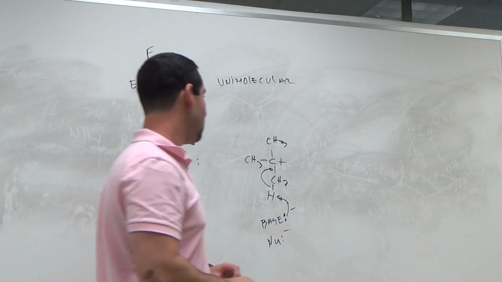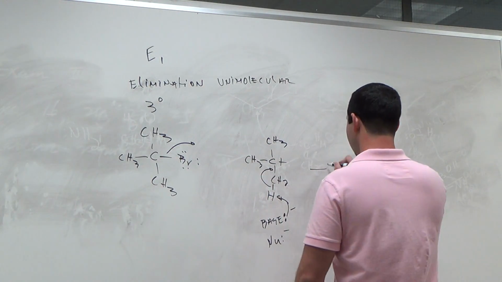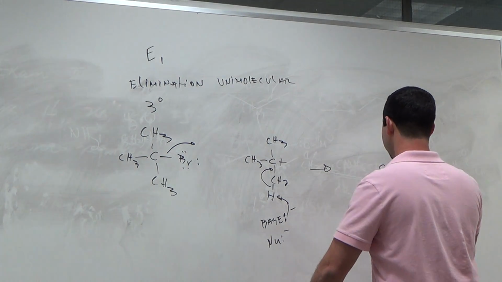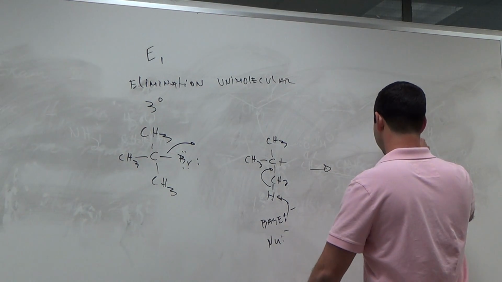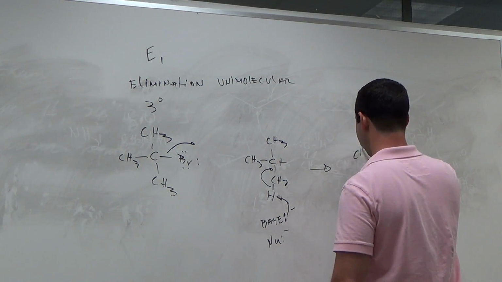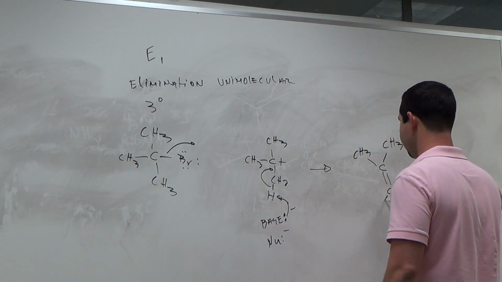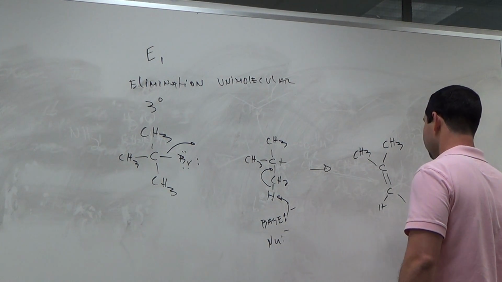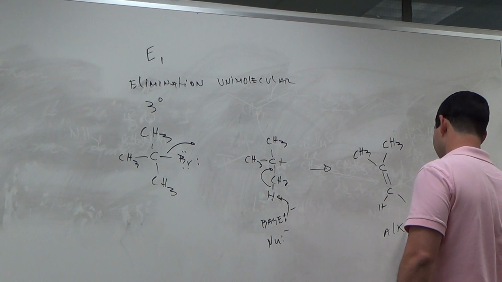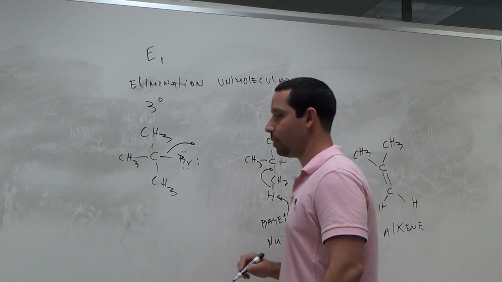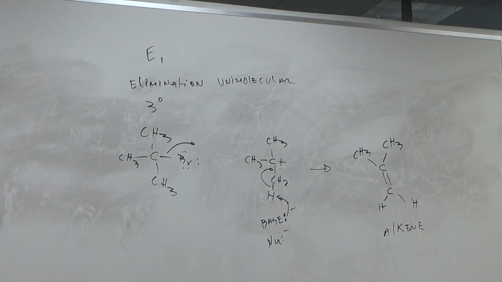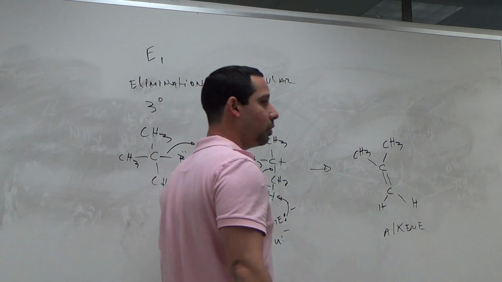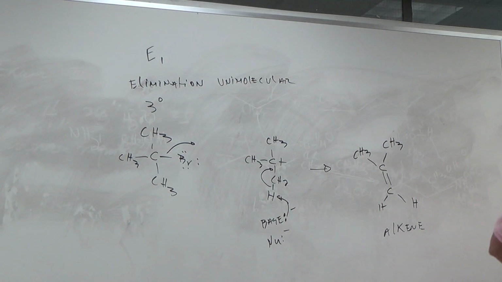From there, what you are going to get is an alkene. So the product of an elimination is an alkene. And once again, this is E1, so it follows the SN1, the unimolecular process.